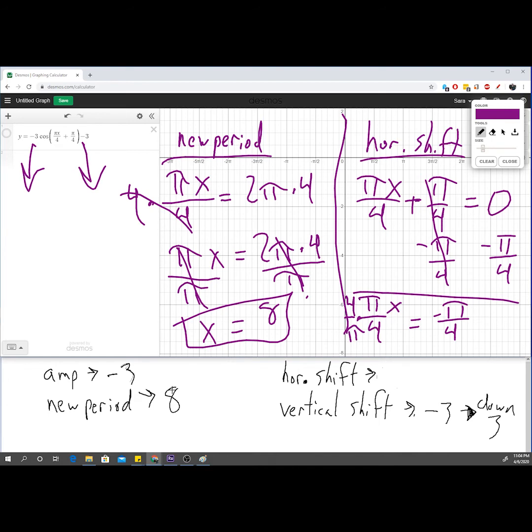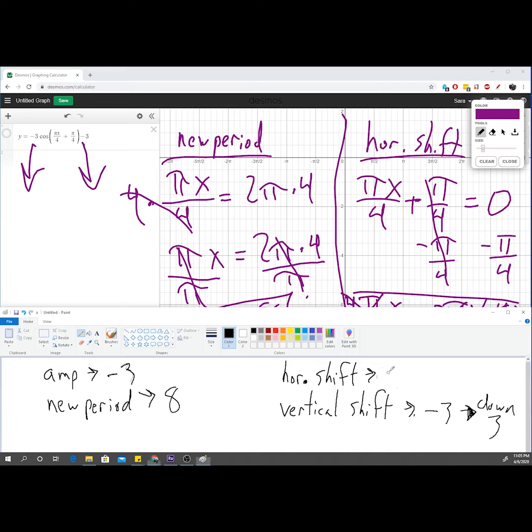There's a couple ways to get rid of this, but if I multiply by the reciprocal, there's one on top, one on bottom, one on top, one on bottom. And whatever I do on one side, I do to the other. All right, so conveniently here, all we're left with is that negative. Remember, when everything cancels, there are still ones left over. So what I get here is x is equal to -1. Or in other words, I'm going to shift to the left by 1 unit.